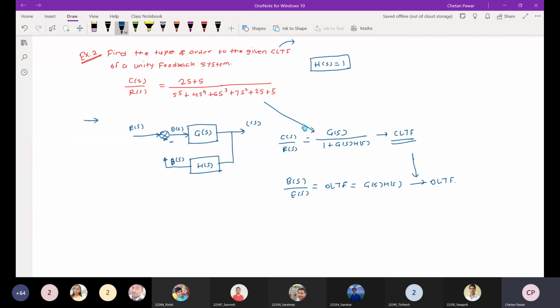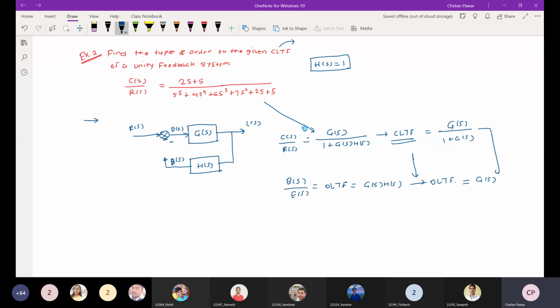So this CLTF will be like G of S upon 1 plus G of S, right? And this OLTF or open loop transfer function will be like G of S only, because H of S is 1 only, right? So how can you obtain G of S from this particular CLTF?